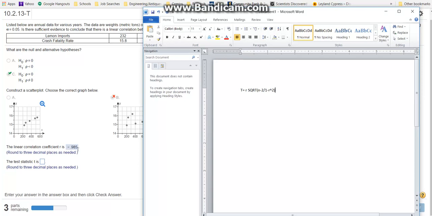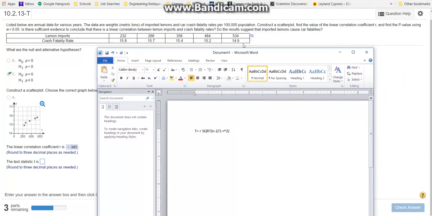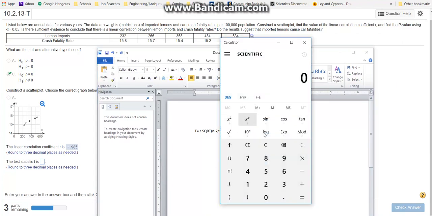Okay, and R is negative 0.985. It's very important to remember that. And I have 1, 2, 3, 4, 5 pairs of data. So 5 minus 2 is 3. So now I can do this calculation.